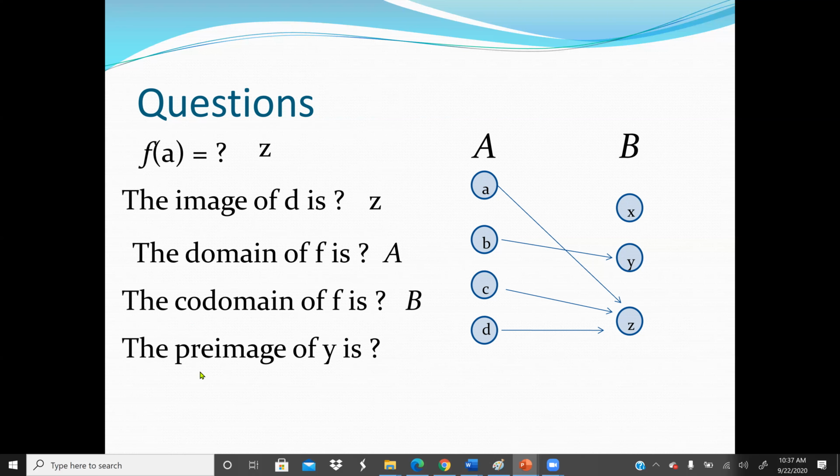The next is the pre-image of y. So I'll go to y and I'll see where the arrow is coming from. It's coming from b. So the pre-image of y is lowercase b. Then f(A) is the set. So f(A) will generate what? y and z.